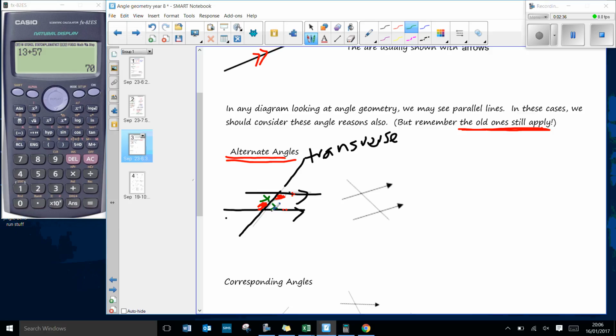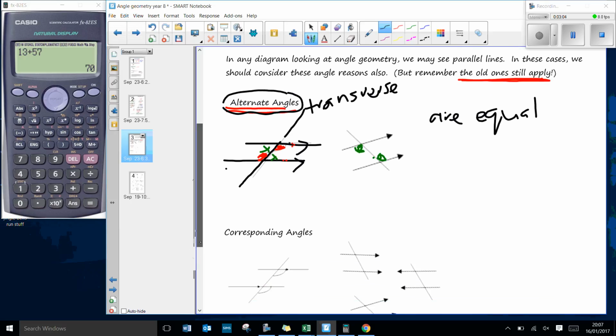It may be easier to show you in this diagram. So these angles here would also be alternate to each other. Now, alternate angles are equal. So our angle reason for these questions would be that they are alternate angles if you identify their position.